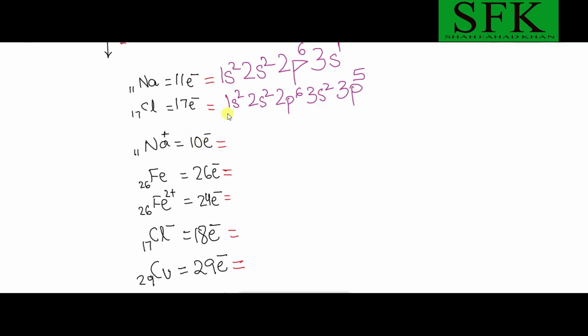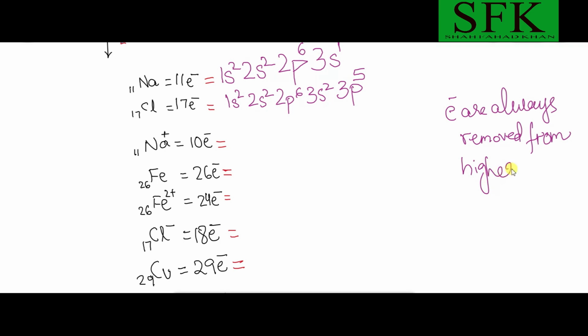Now we just have to write it. There's a general rule to be remembered: electrons are always removed from higher quantum numbers.